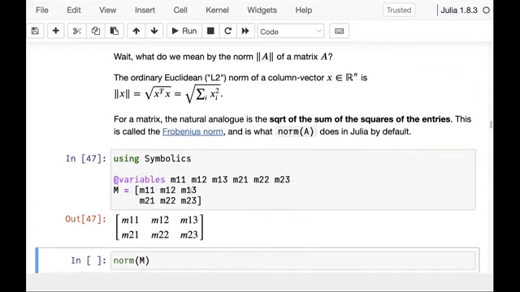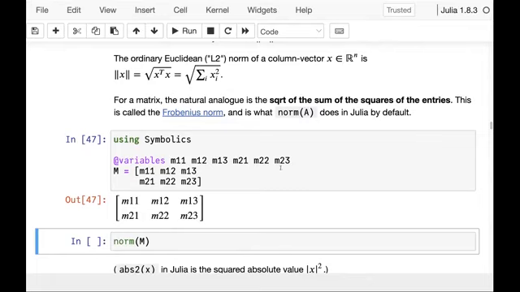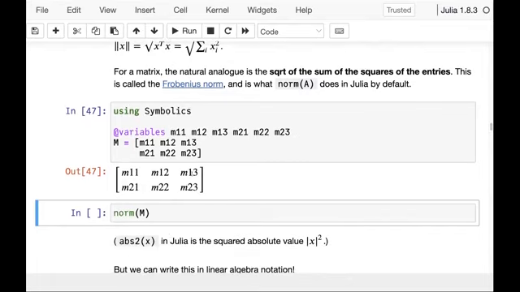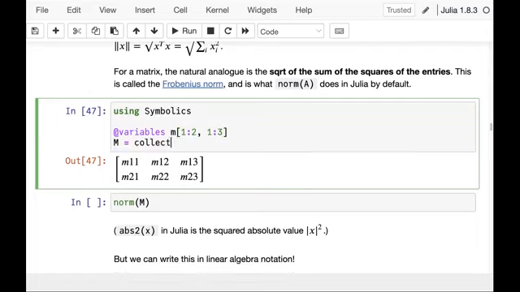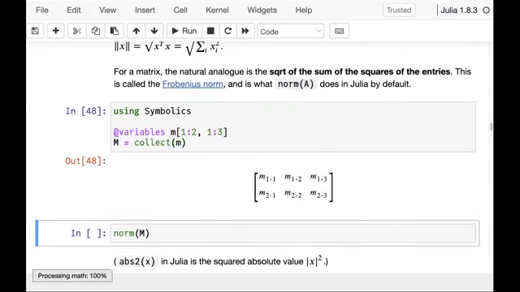So if I define a matrix full of variables, maybe I should use koala bears or something like that, but this works. I think I can do an even nicer one: M 1 to 2, 1 to 3, and M equals collect M. I think that works.